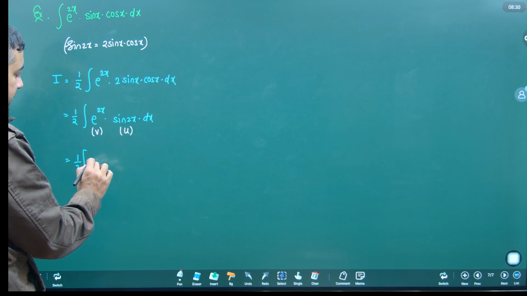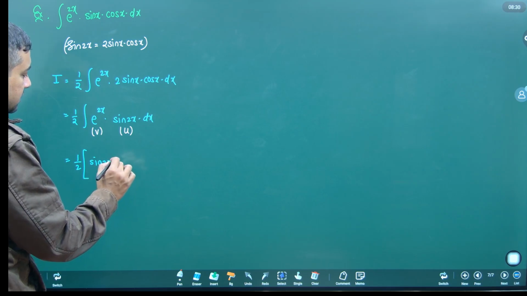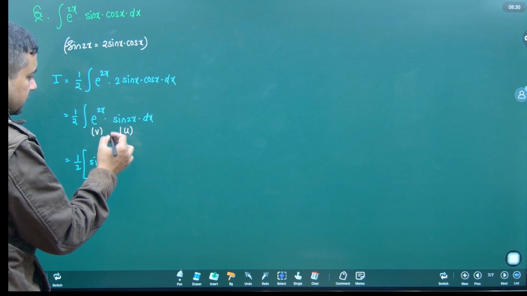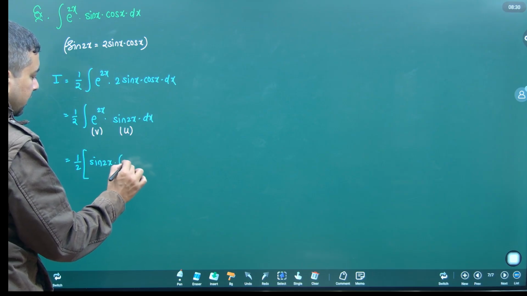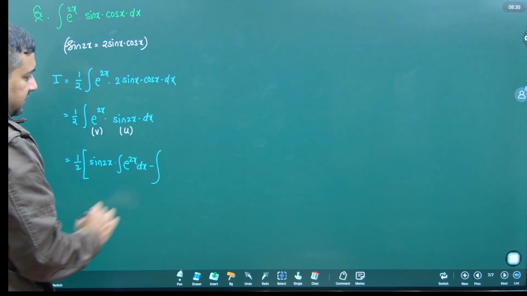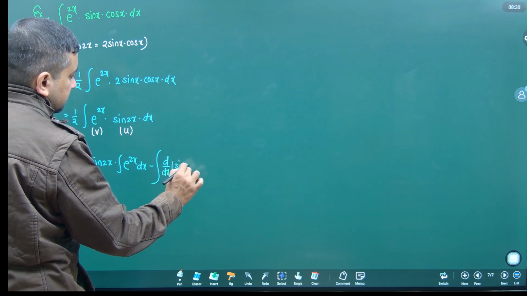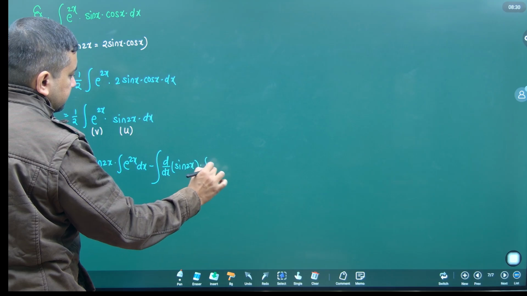Okay, so this is 1 by 2, let us apply u into v. First function, what is first function? Sin 2x into integral of second, what is integral of second? E to the power 2x. Minus integral derivative of first, into integral of second.